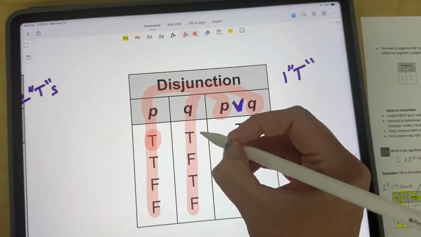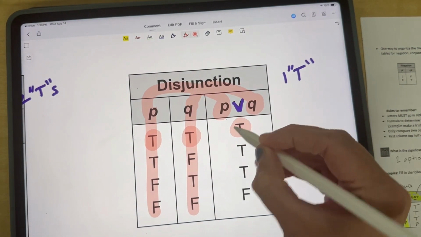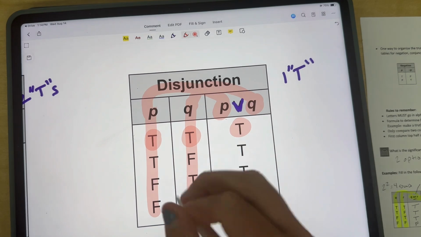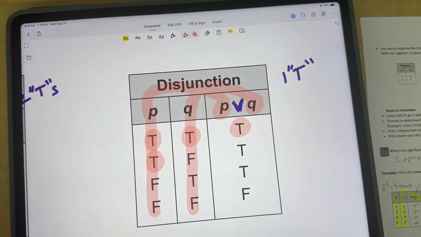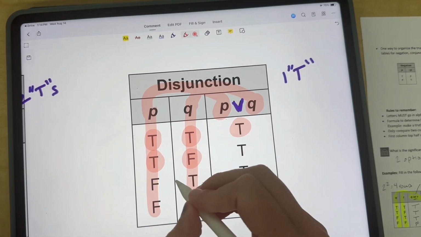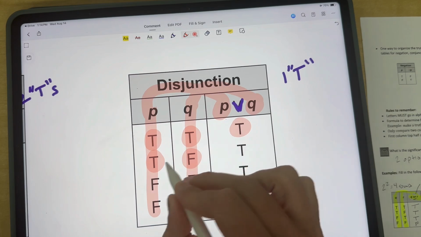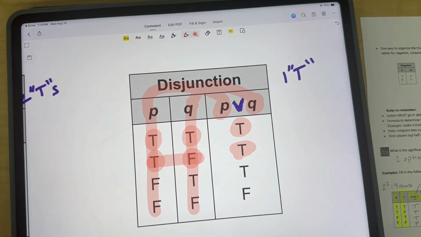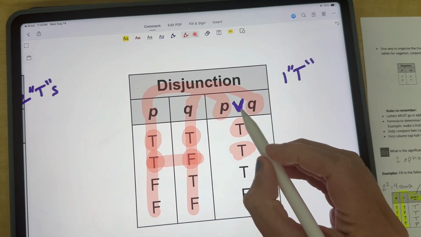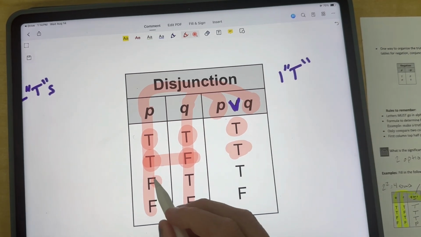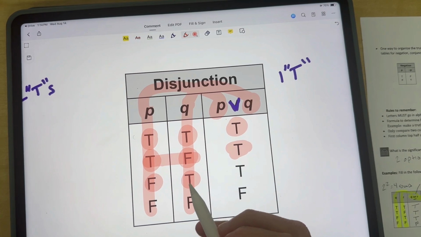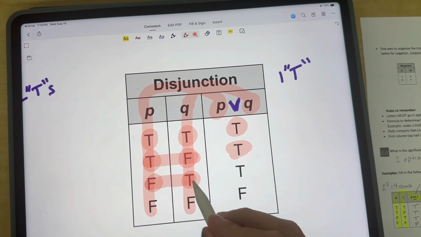If the sky is blue and I own a red car, obviously everything's true. It's or, okay? If the sky is blue, but I own a black car, that's fine. As long as one thing in this row right here is T, this statement's true. Again, that's an or statement. The sky is gray, but I do own a red car. So do I have at least one T in this line?